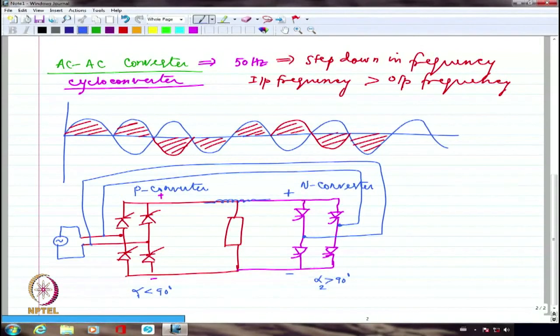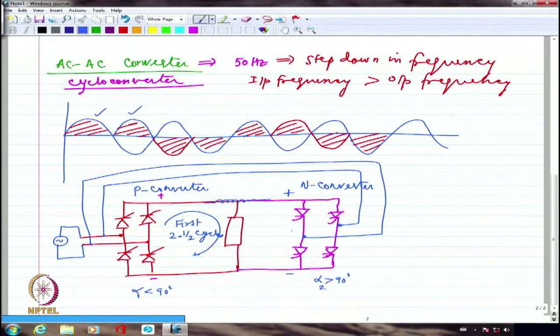So what is going to happen is, for the first two half cycles, for example, I will have the current flowing like this. Right? So this is during P converter operation. So this is first two half cycles. The next two half cycles, I will have a current flowing like this.